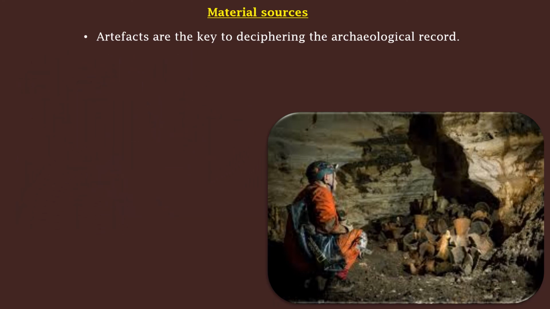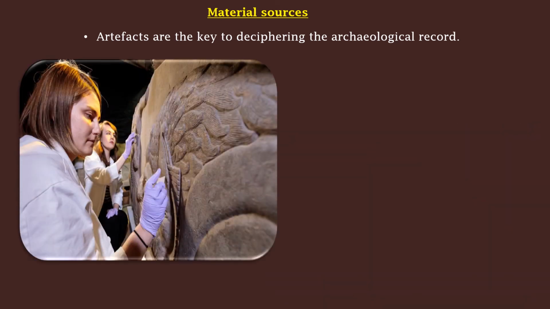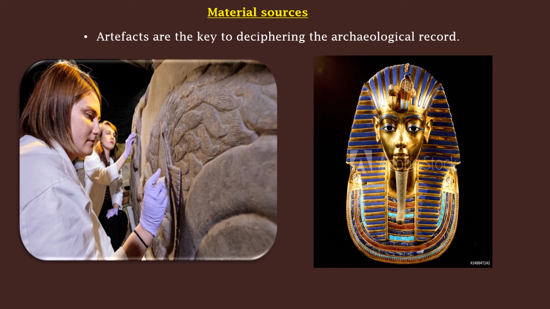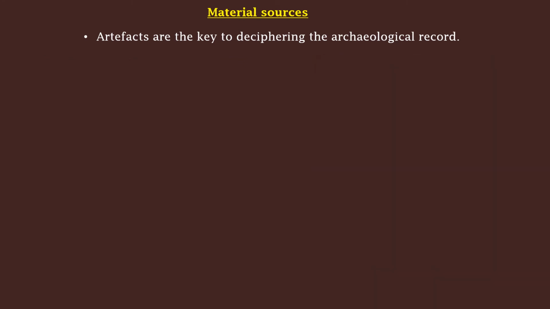Artifacts are then taken to the site laboratory to be cleaned and labeled. They are then sorted accordingly. Selected artifacts or their replicas are displayed in an exhibition. Fossil identification can be a challenging proposition.